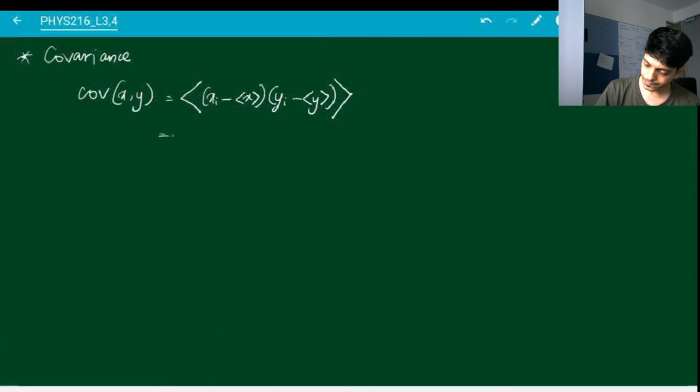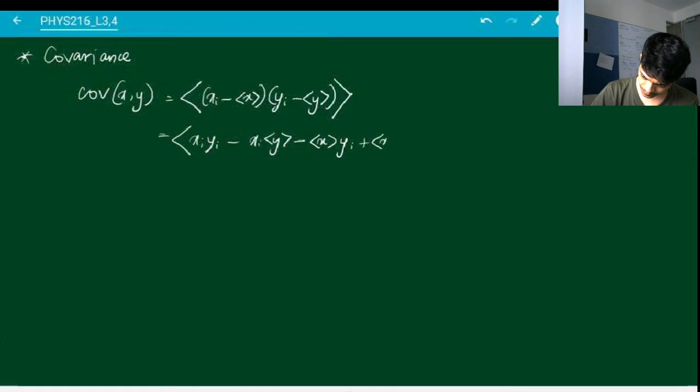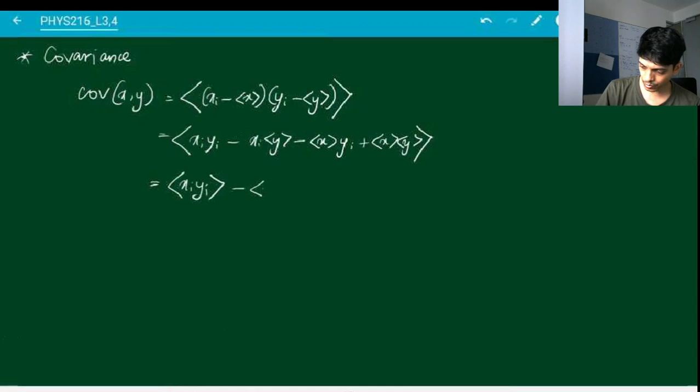And in fact, you can calculate this. So this is the average of xi yi minus xi times the average of y, minus the average of x times yi, plus the average of x times the average of y. So this will turn out to be the average of xi yi minus, the average of y is just some constant number, so pull it out. What you're left with inside is the average of x. Minus, again, the average of x is a constant, pull it out.